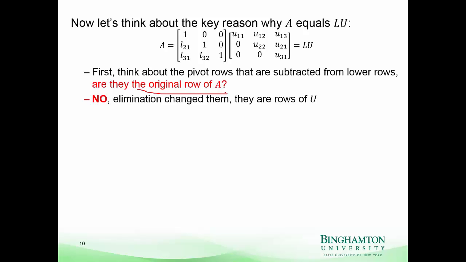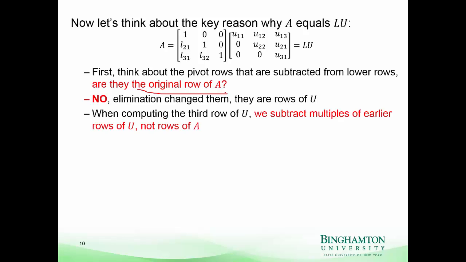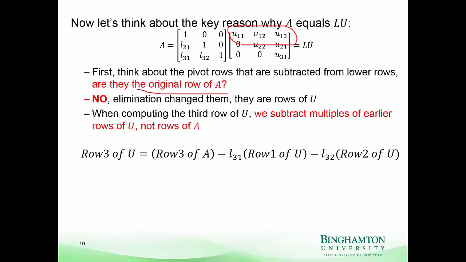So what we can see is that we're really using the previous rows of U, not A. So what that really tells us is that this first row of U is really just the first row of A. But then the next row of U is changed.